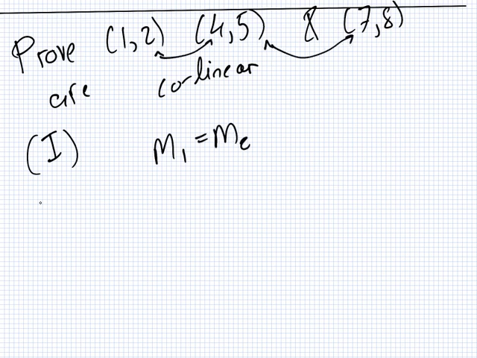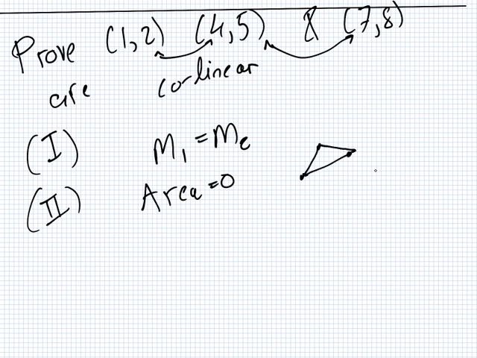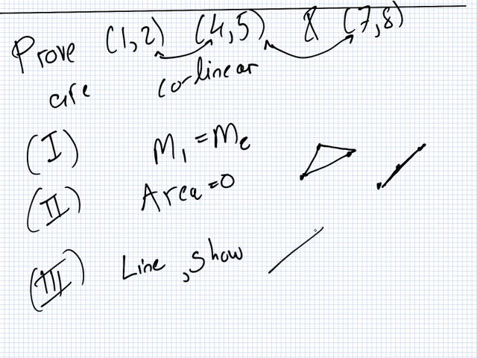Second way is you can prove that the area is 0, because if they are collinear, the area here is 0. But I can think of a third way. Prove that 4, 5 is on the line of 1, 2, 7. You can find a line and show they're all on this line.